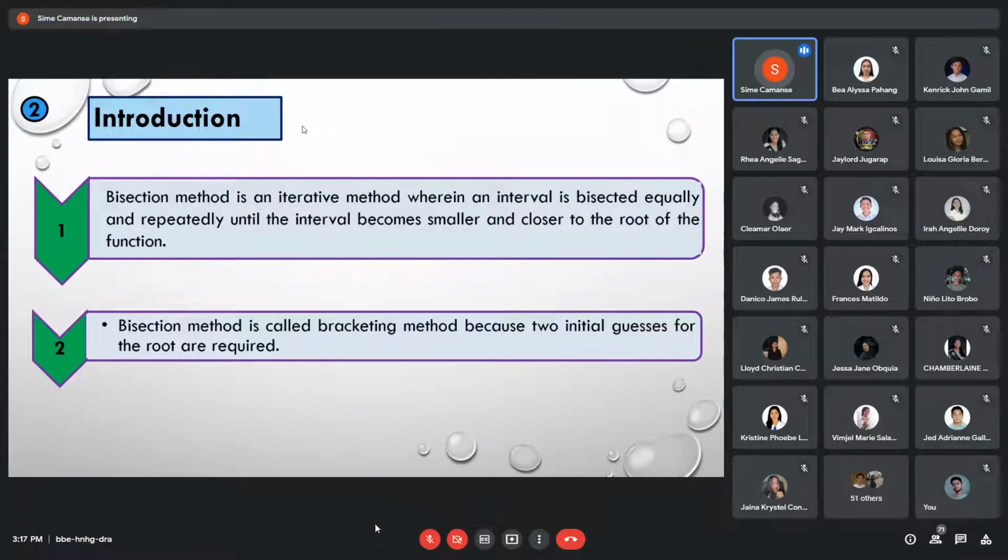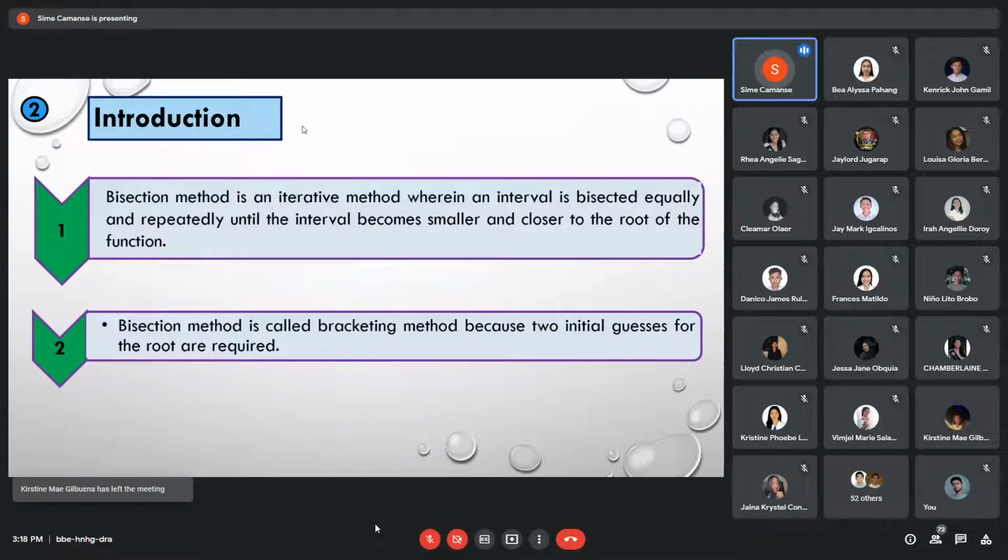So meaning, the first step is to guess two initial guesses for your roots. Not necessarily the exact root of the equation, but you guess two values.